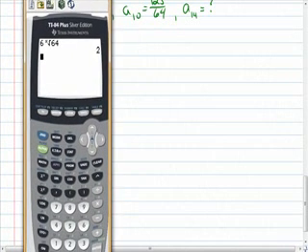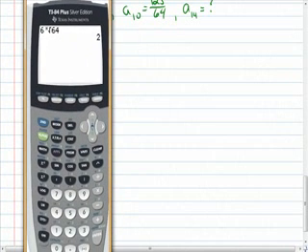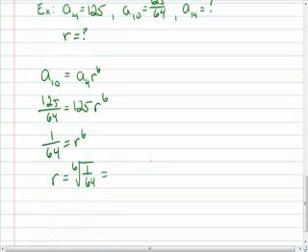It's funny. I have always gone 64 to the 1/6, which is the same thing. I just didn't know about the other button. I don't know which I like better. I think just to the 1/6, because then I don't have to go into menus. But either way, the 6th root of 64 is 2, so that would be 1/2.